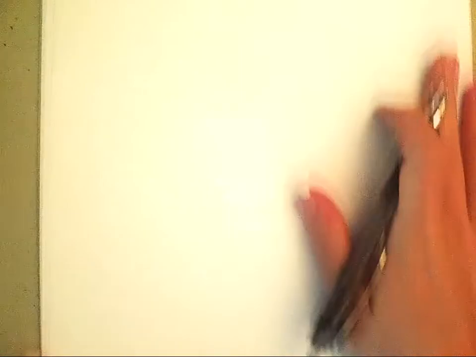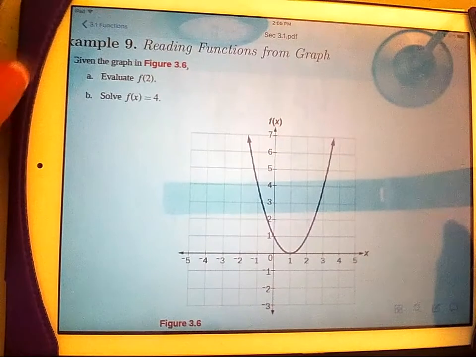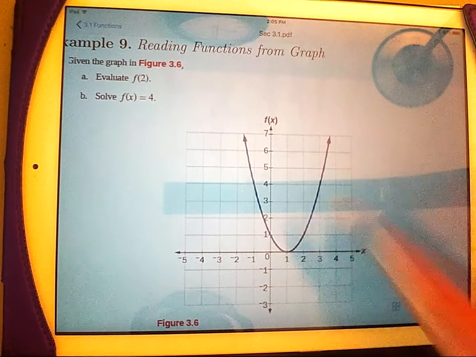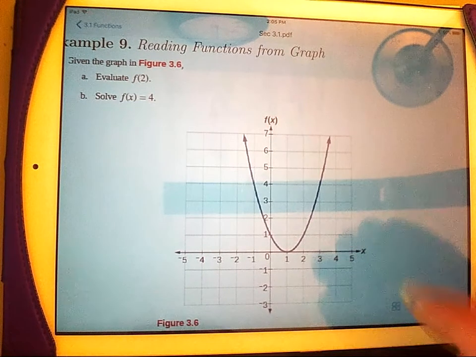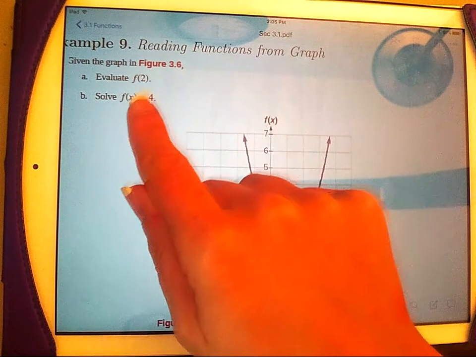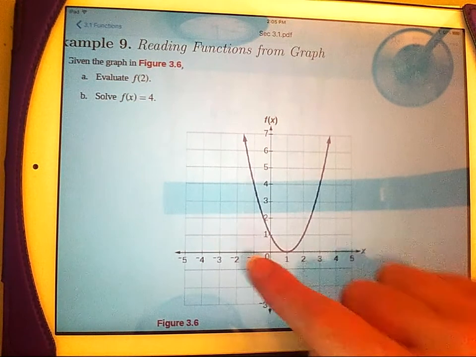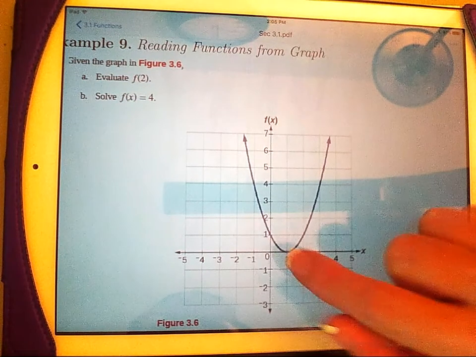Alright. So let's try and do a few things here. Let's say that I have this graph. I don't know what this function is, but we are given this. Now, if, for example, I want to find f of 2, I need to find what value the function takes on.